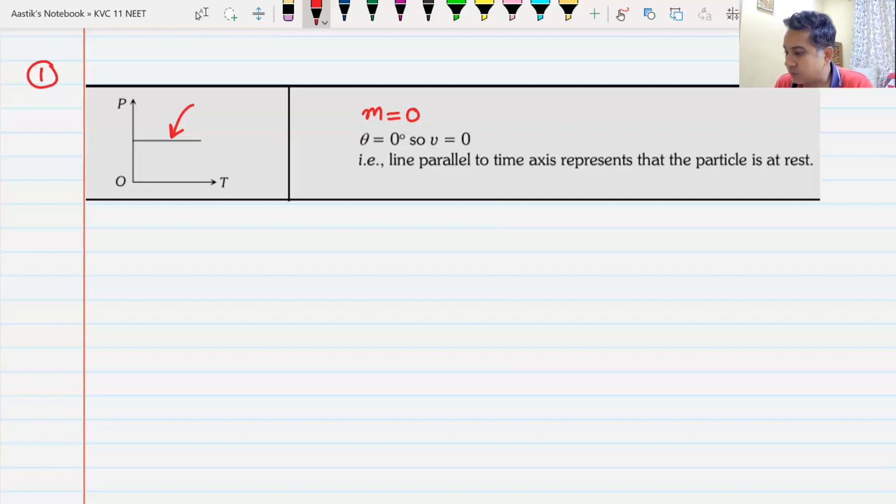Zero, sir. What does the slope of position time graph tell us, beta? What does it give us? Are you noting down anything in your notebooks or not? What does the slope of position time graph tell us? What is the quantity that we get from the slope of position time graph?